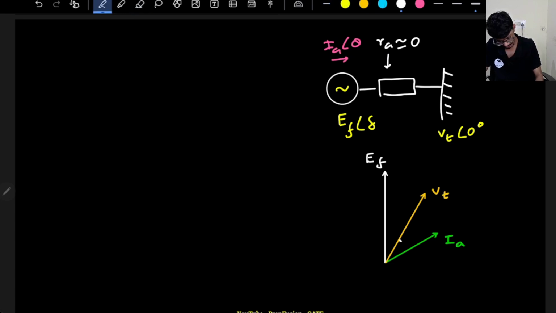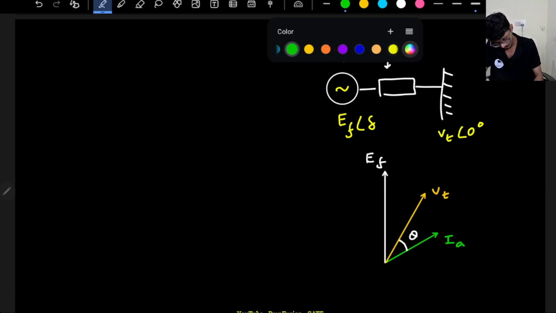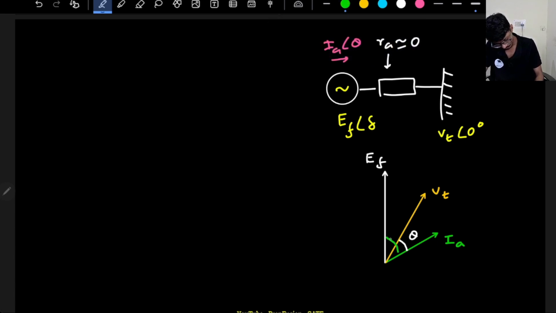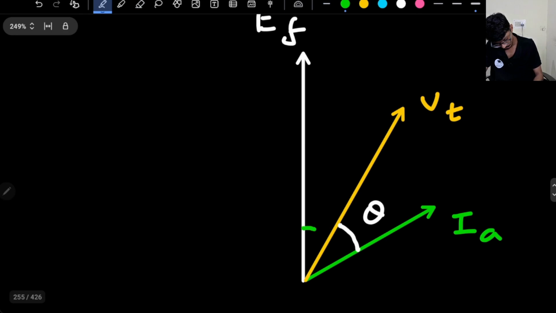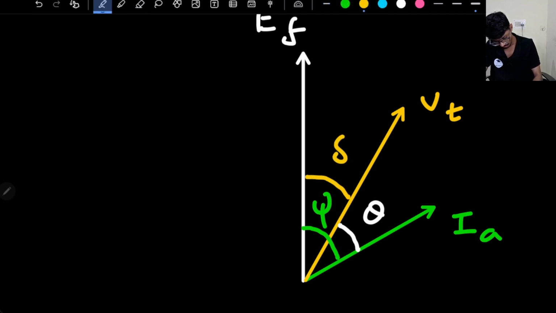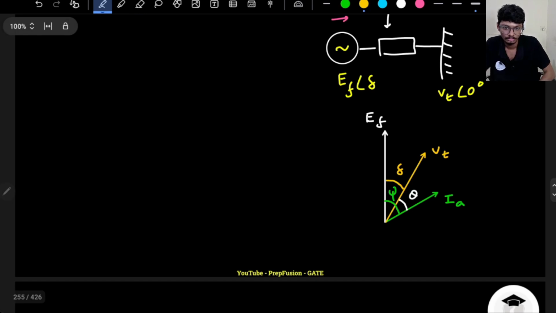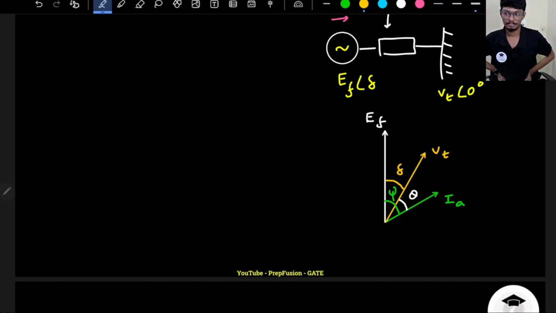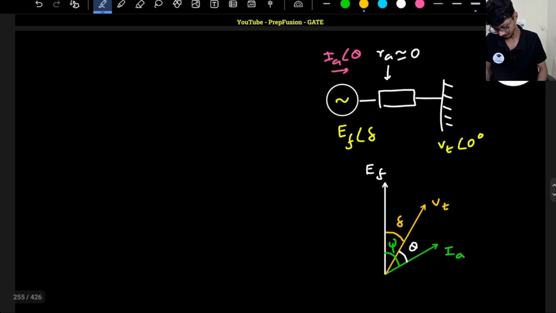This will be my theta. Okay, this will be my xi, and this will be my delta. Now how do I find out the power consumed? What is the power output?